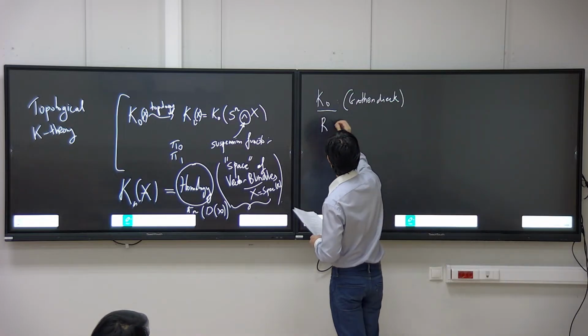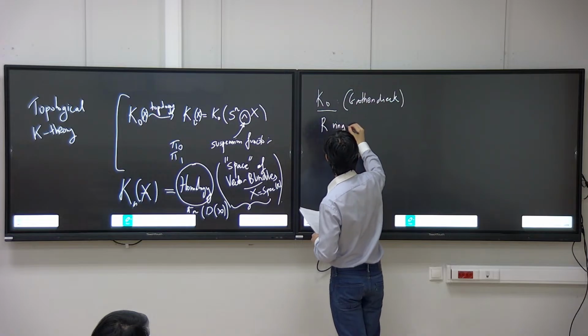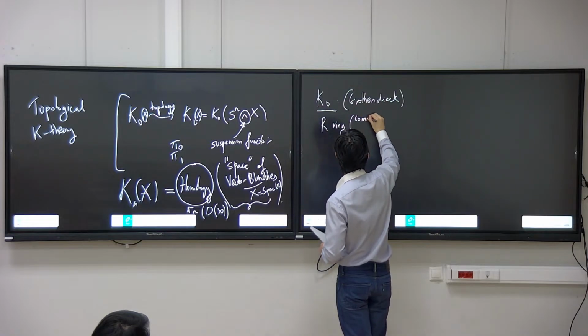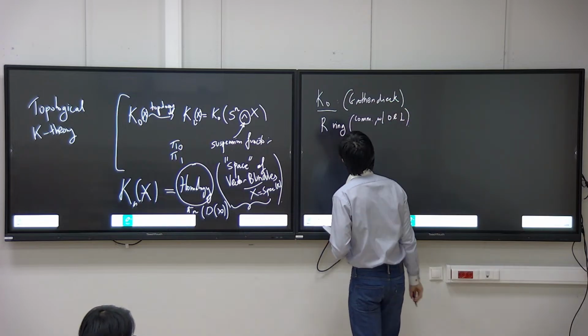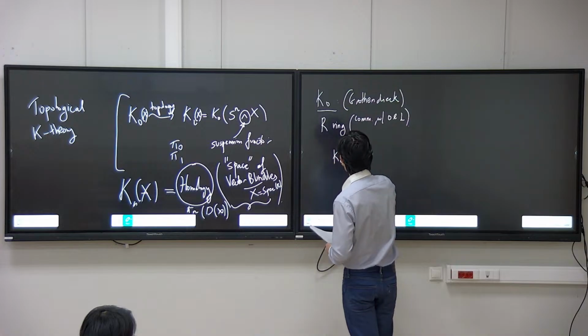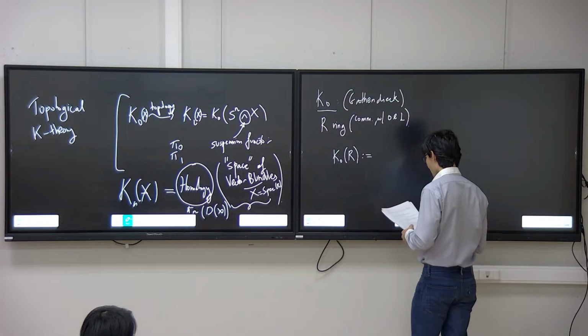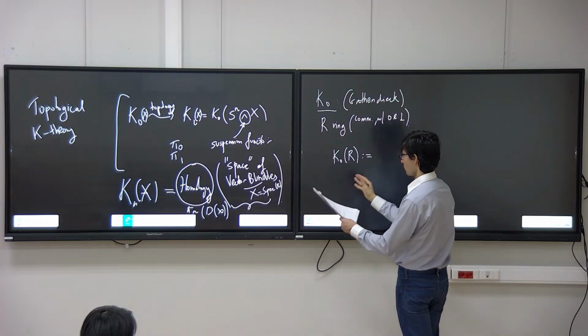So for R a ring, which is commutative with a 0 and 1, K0 R is defined as follows. Remember, it should be kind of connected components of your projective R modules.